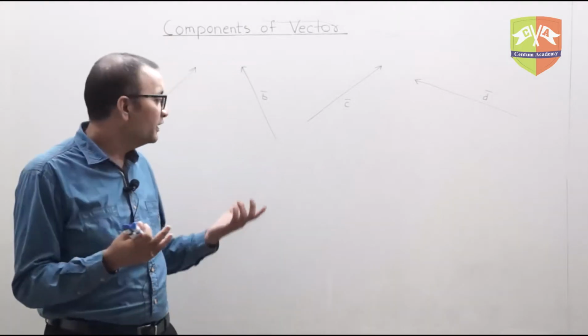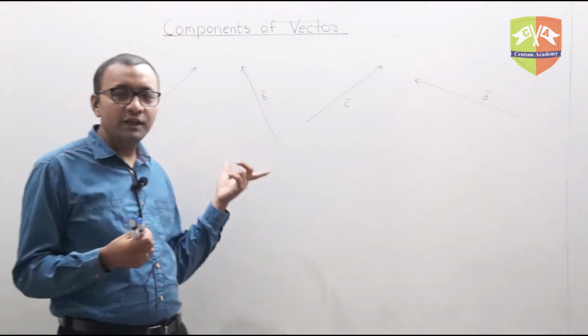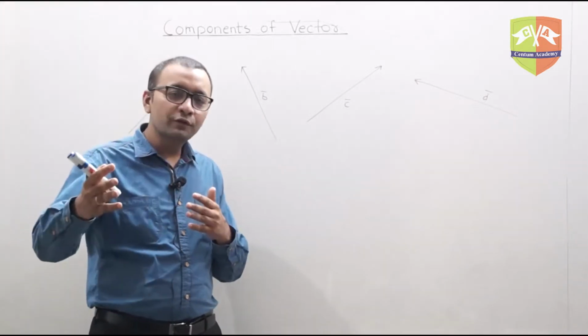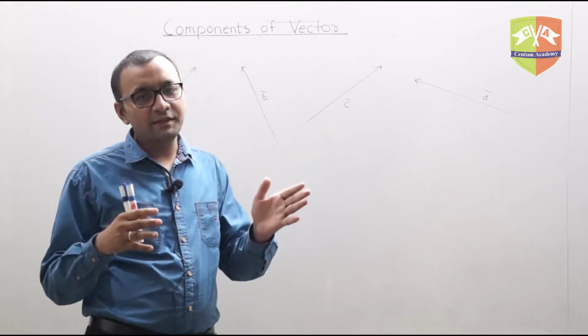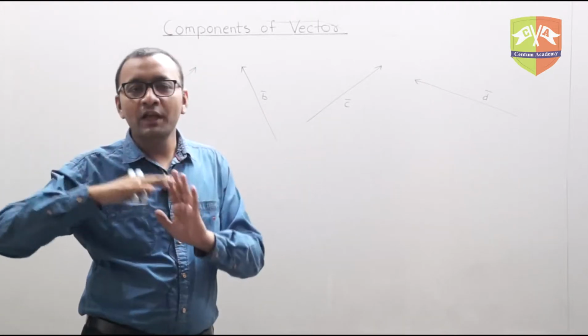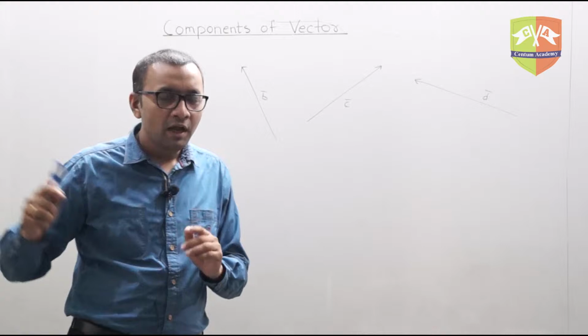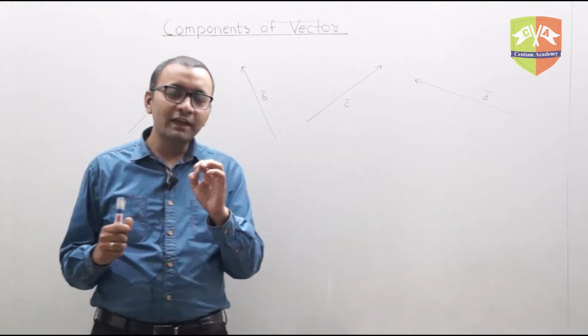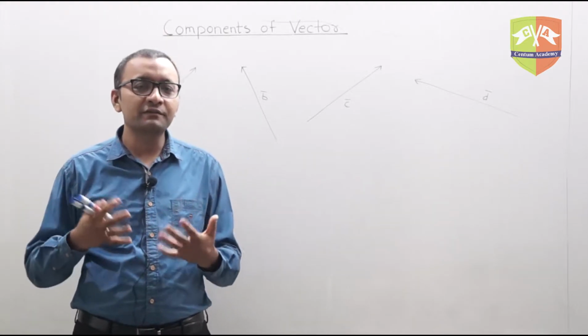One thing you can do is take two forces at a time, find the sum of those two forces, then whatever comes as the sum, you add it to the third force, and you keep on doing that, right? Now you can easily figure out that this process is very tedious.